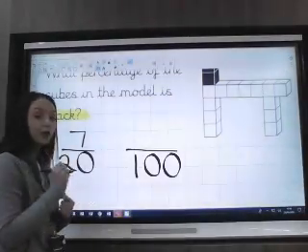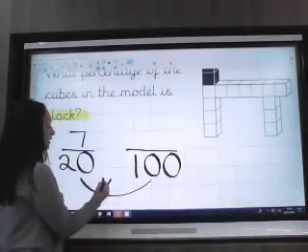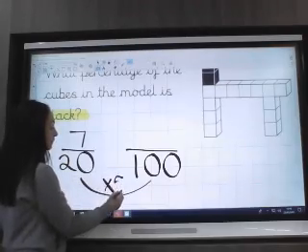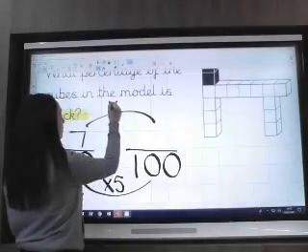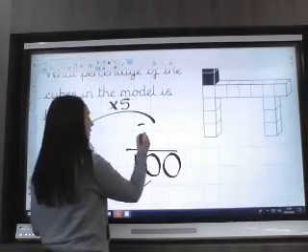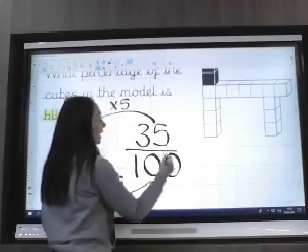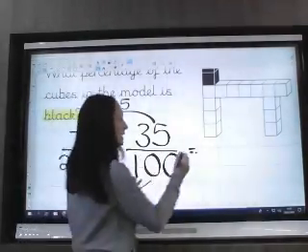So 20 goes into 100 how many times? You times 20 by 5 to get 100, don't you? So then you have to do the same to the top. So 7 times 5 is 35. 35 over 100 is 35%, isn't it?